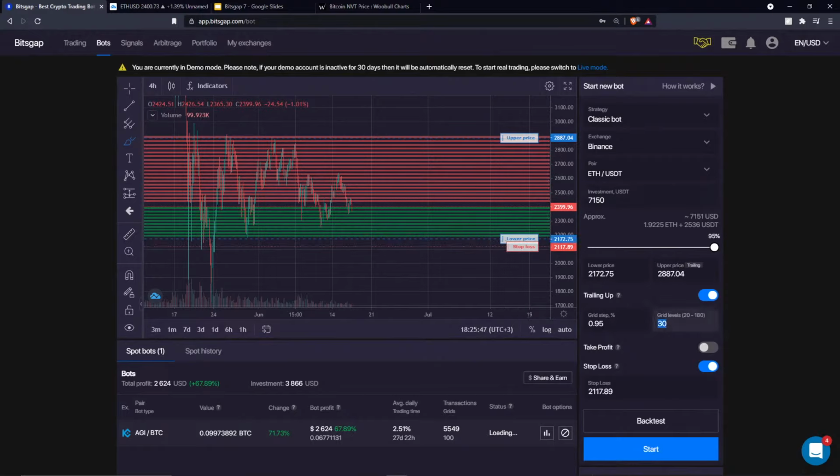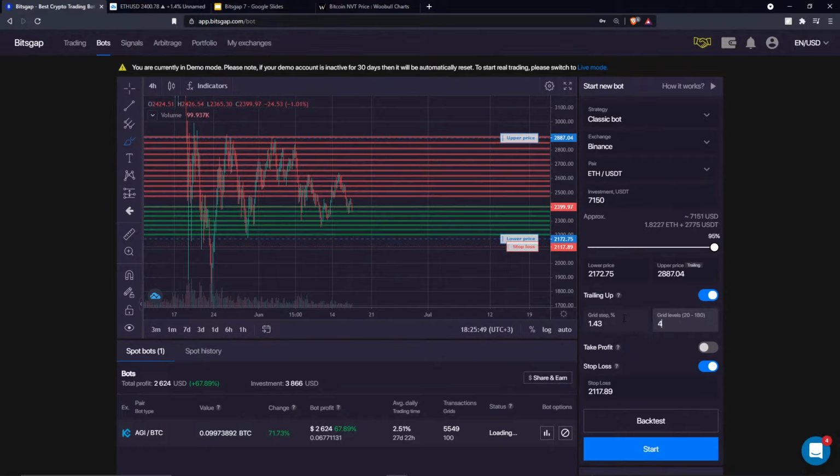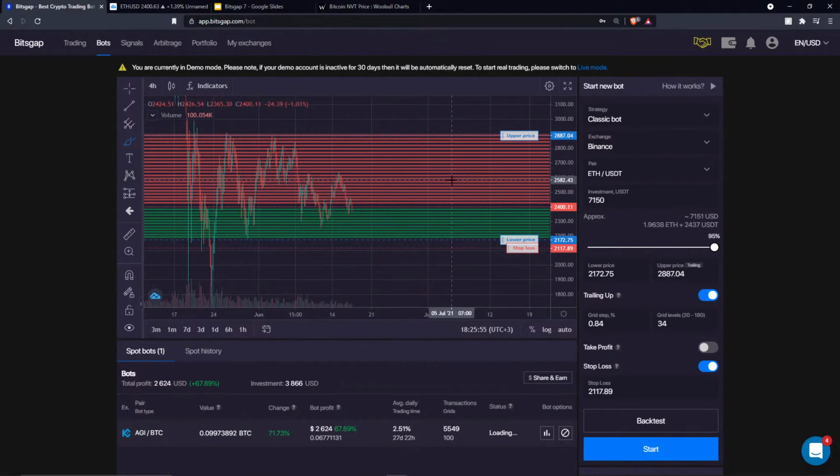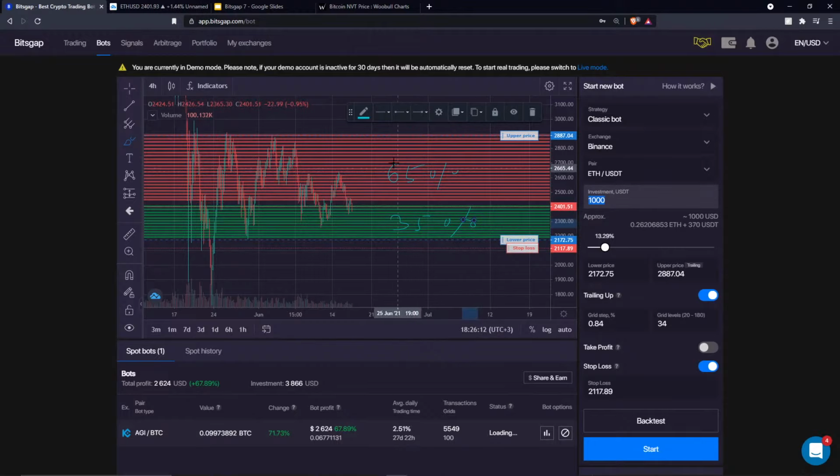The amount of grid levels I would put maybe around 34 or something. It looks good to me. Notice that in this configuration your split of the investment will be around 65%, I can visually see this, and 35% to buy orders. So that means, for example, if you allocate $1,000, then 65% is $650.